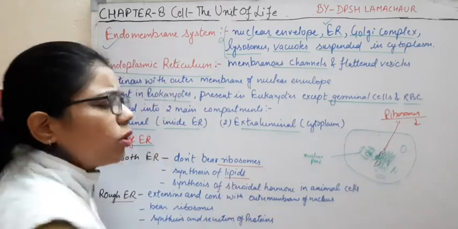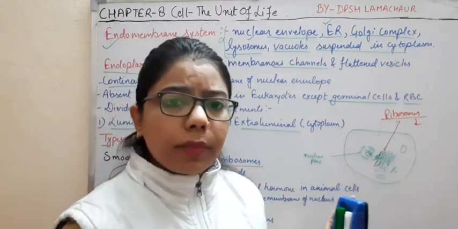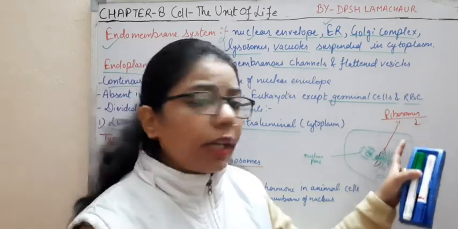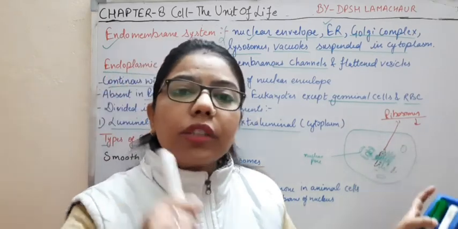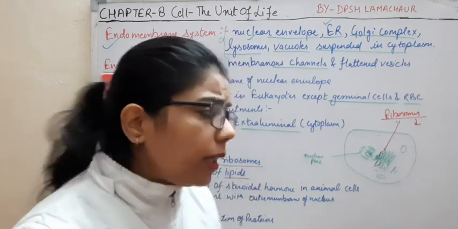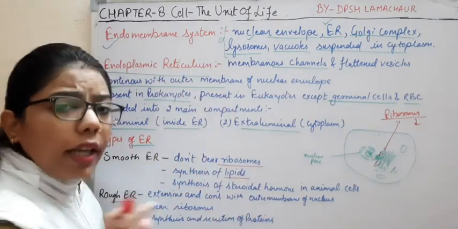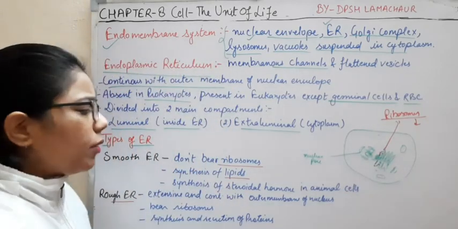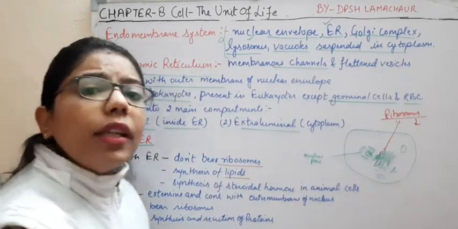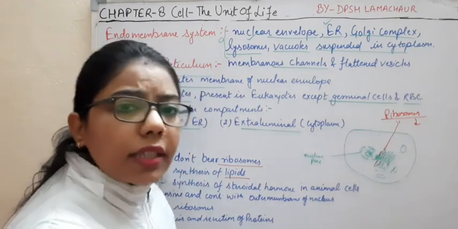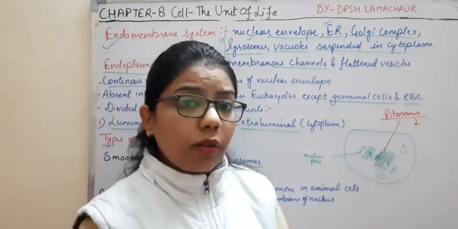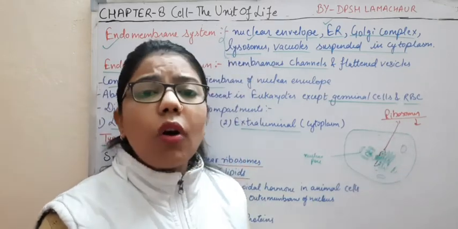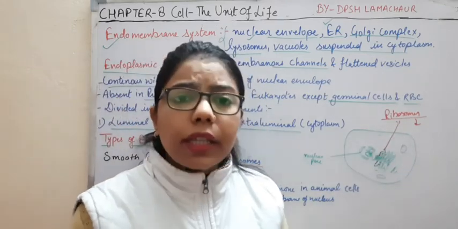And what is the function of this smooth endoplasmic reticulum? As I have said, the rough endoplasmic reticulum has ribosomes, so its function will be the synthesis of protein. But if the ribosome is absent in the endoplasmic reticulum, what will be the function? The function will be related to lipids. They will synthesize the lipid, and we know that the cell membrane is a phospholipid, glycolipid.